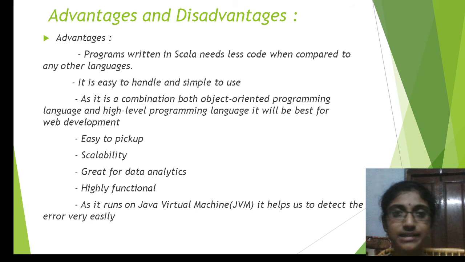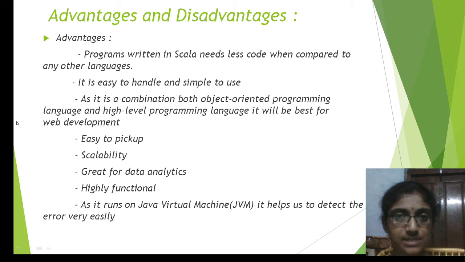And next one is advantages and disadvantages of the Scala language. So, what are the advantages of the Scala language? A program written in Scala needs less code when compared to any other language, as I told you before. And later on, it is easy to handle and simple to use. As it is a combination of both object-oriented programming language and high-level programming language, it will be the best for web development.